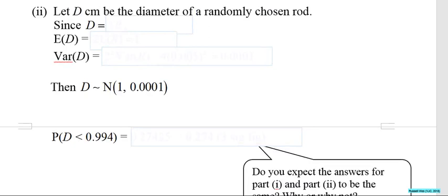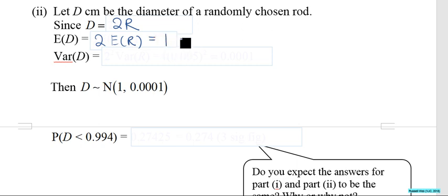Can I say that D is actually 2R? Yes, D is 2R. And if D is 2R, what is the expected value of D? I think we know this is 2 times the expected value of R, which is actually 1.